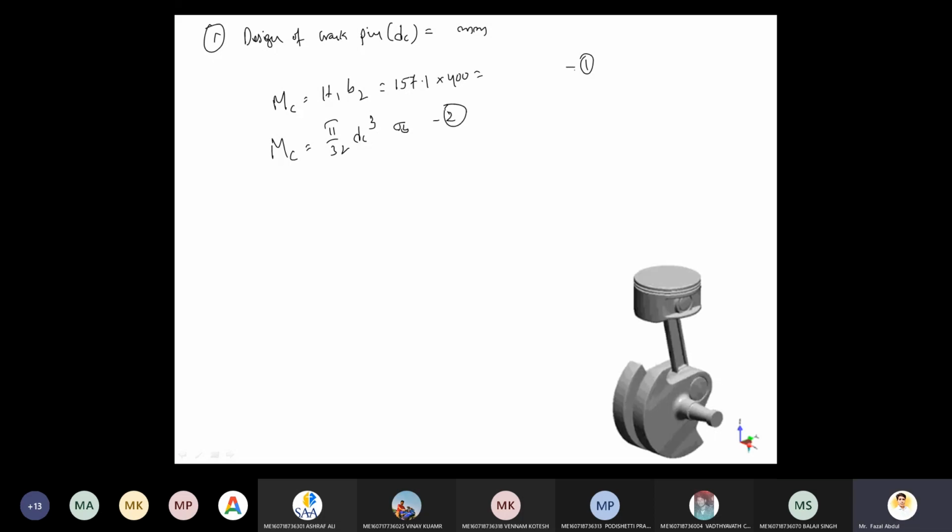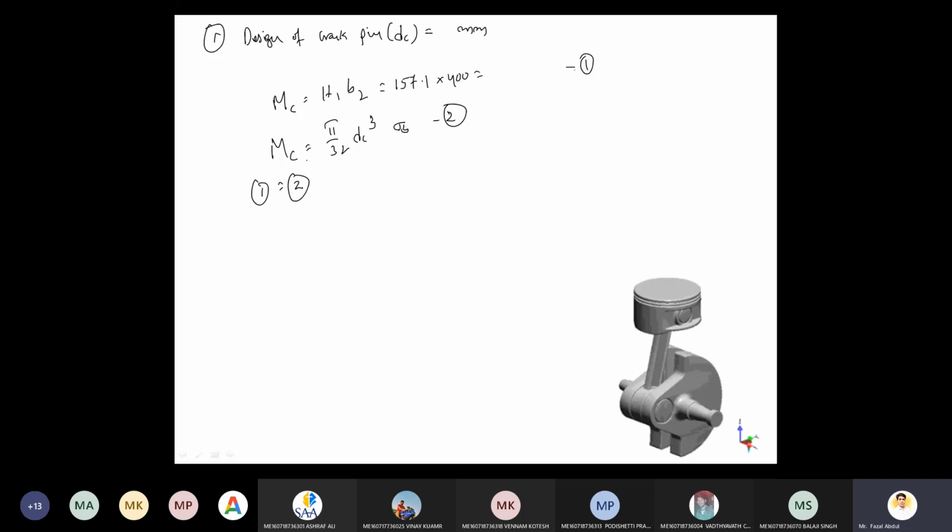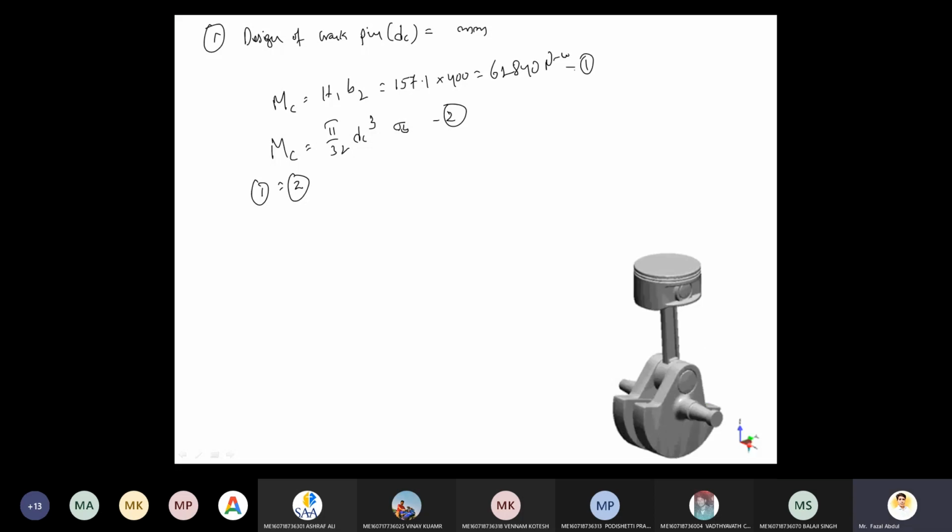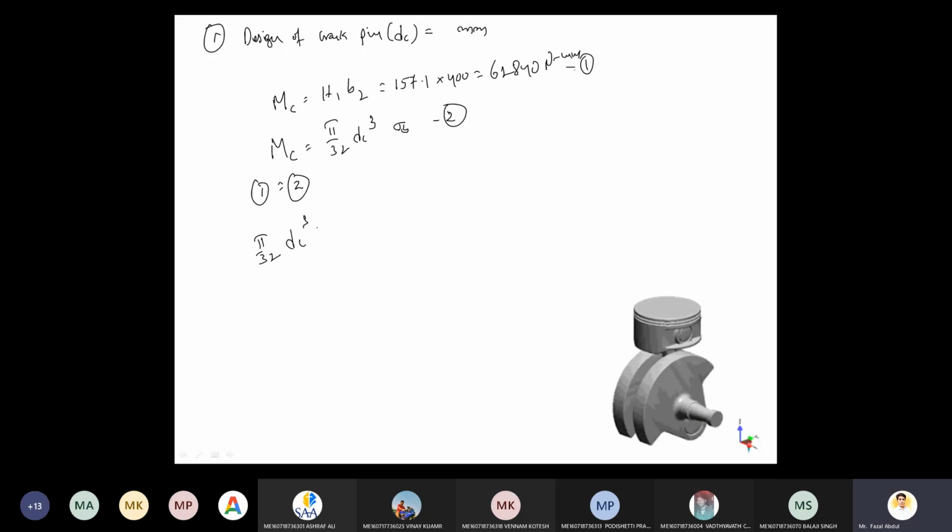Now equating one to two, how much is 157.1 into 400? It is 62,840 Newton mm. So pi by 32 dc cube sigma b equals this value.